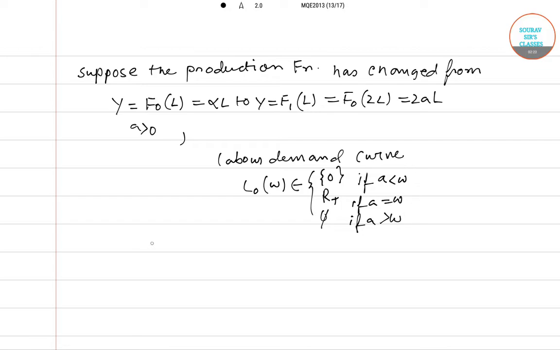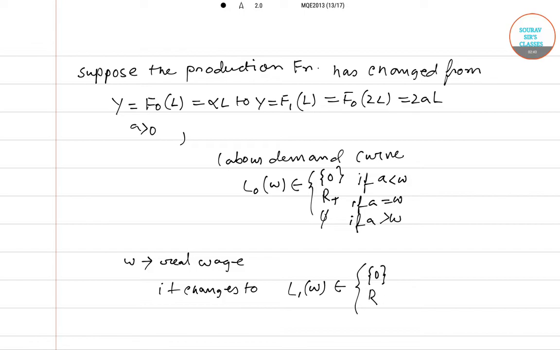Now W is the real wage, and it changes to L1(W), with 0 or star phi, if 2A is less than W, if 2A equals W, and finally if 2A is greater than W. So we have these three findings.